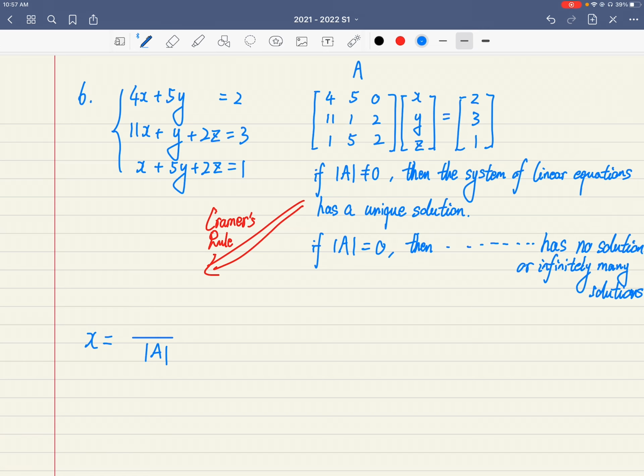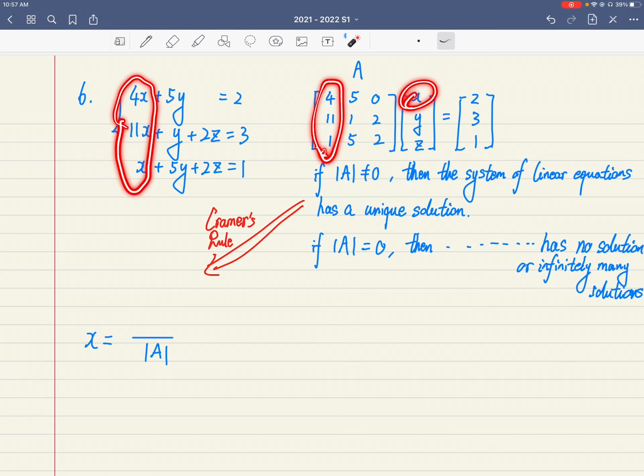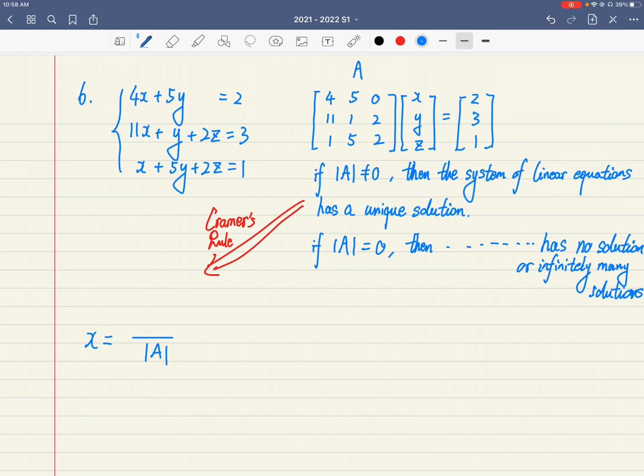We just need to replace the column corresponding to x with the right-hand side values. For example, in A, you can see this first column corresponds to x. You can see the x coefficients 4, 11, 1. That's the first column of A. So we just replace that column with the right-hand side values.